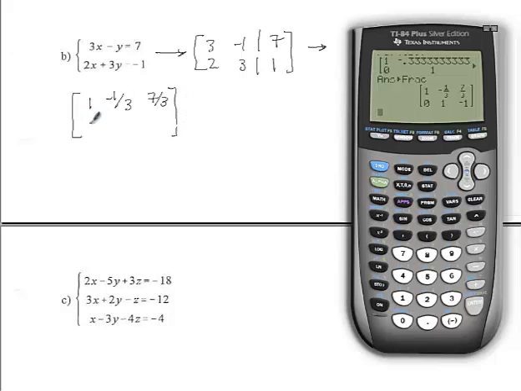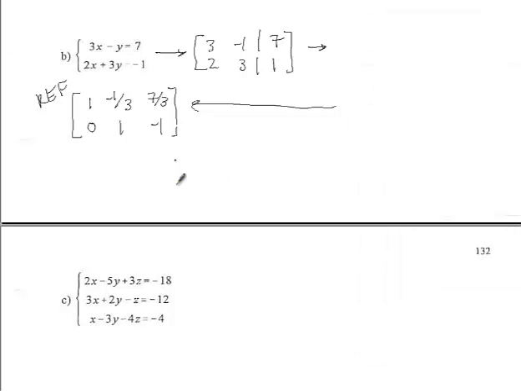Here is our row echelon form. Row echelon form, and from here we do the work. We back substitute, and so this second row represents our second equation.